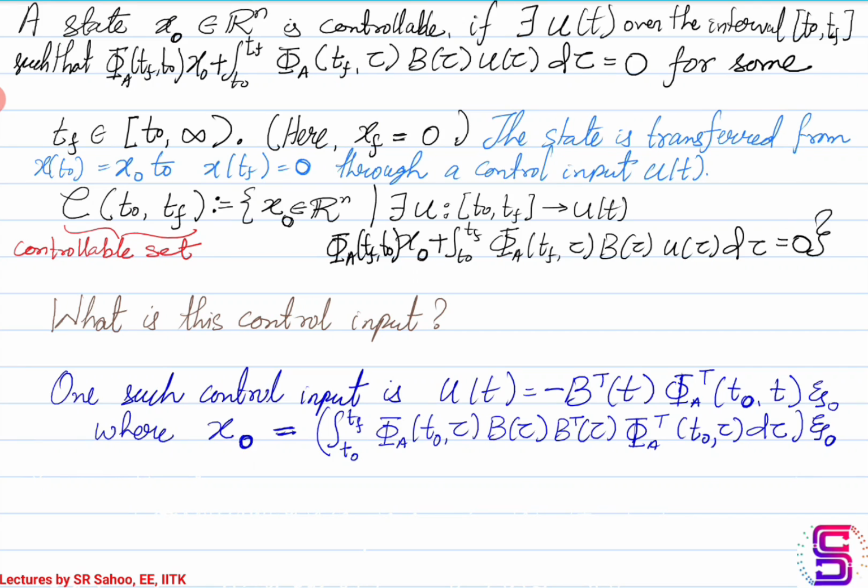A state x0, purposefully labeled x0 because this is going to be the initial state, is said to be controllable if you can find a continuous time control input over the interval t0 till tf such that the state trajectory starting from time t0 at the initial state x0 under the control input reaches the zero state at t equal to tf.